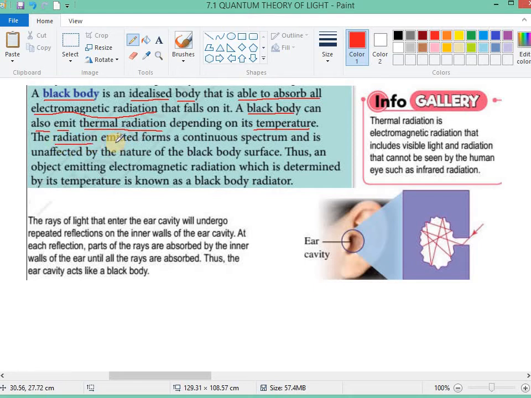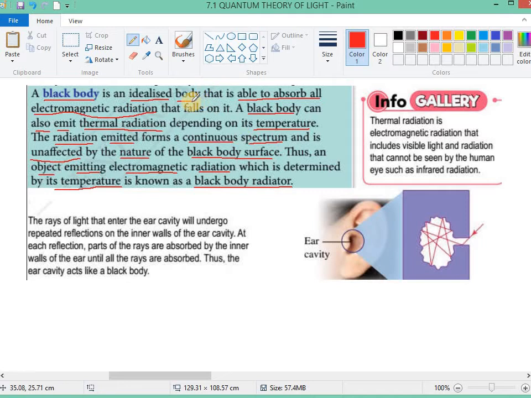The radiation emitted forms a continuous spectrum and is unaffected by the nature of the black body surface. Thus, an object emitting electromagnetic radiation, which is determined by its temperature, is known as a black body radiator.